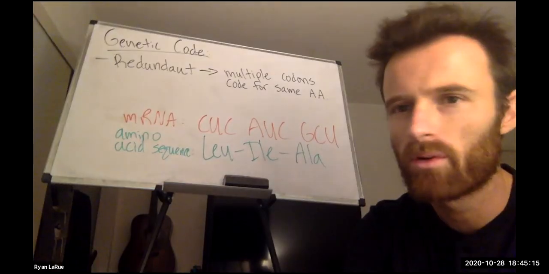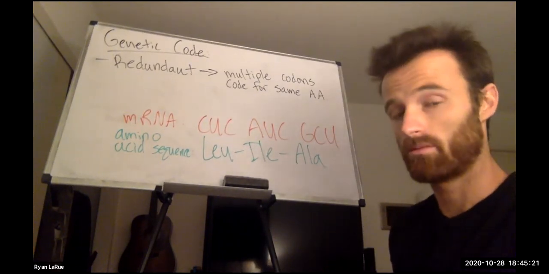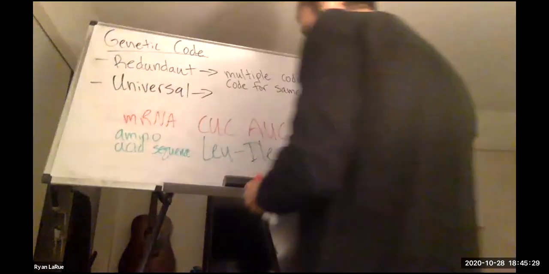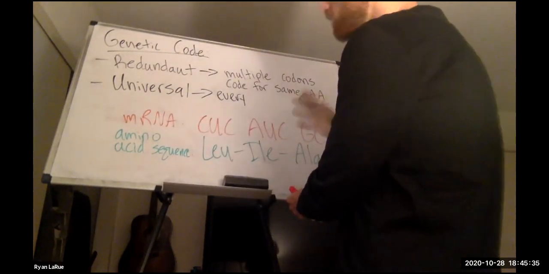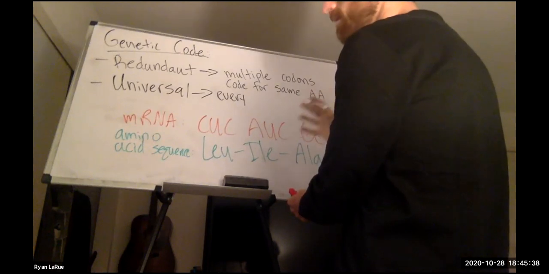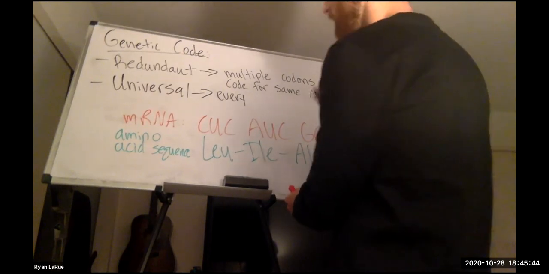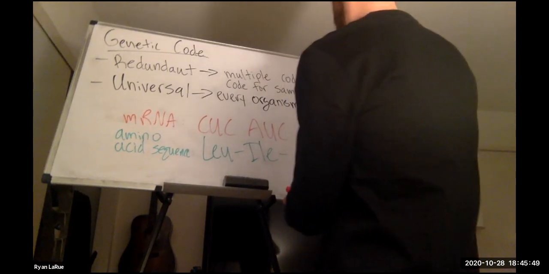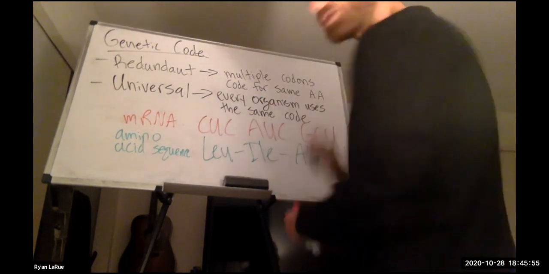And then one more important note that I think is pretty remarkable is that the genetic code is universal. This means that every organism on this planet, all life, single-celled, multi-cell, prokaryote, eukaryote, fungi, bacteria, human, elephant, jellyfish, plant, every organism uses the same code, the same chart.